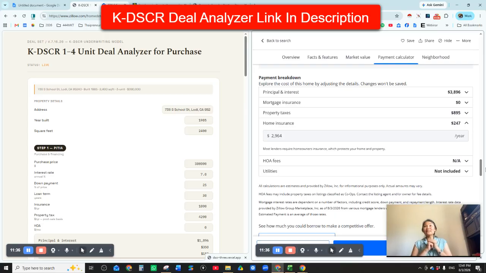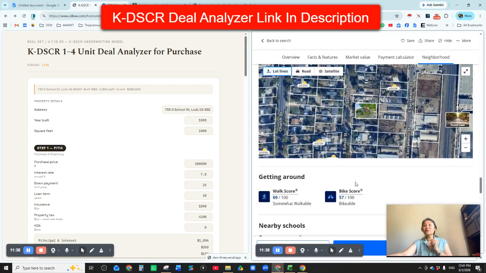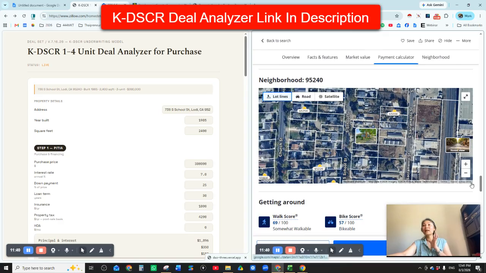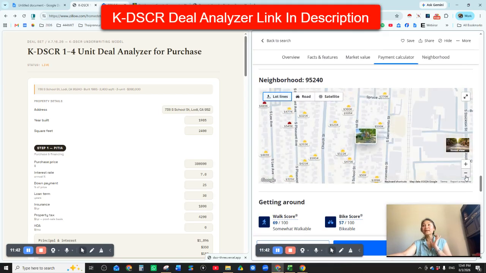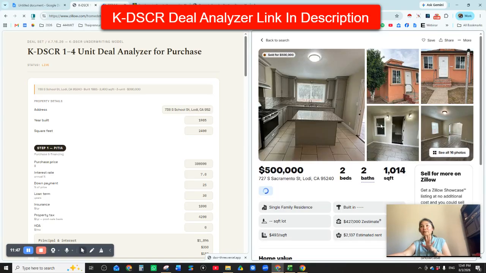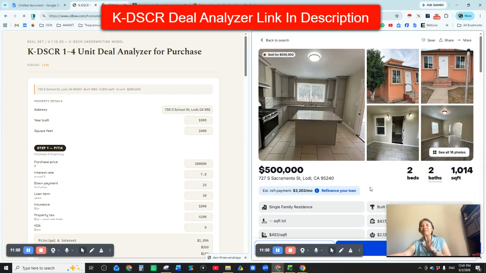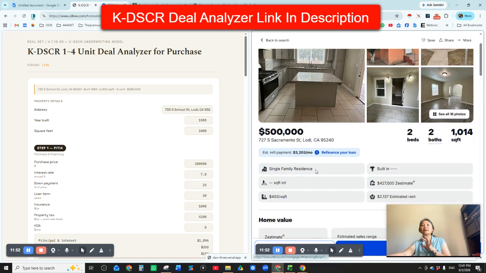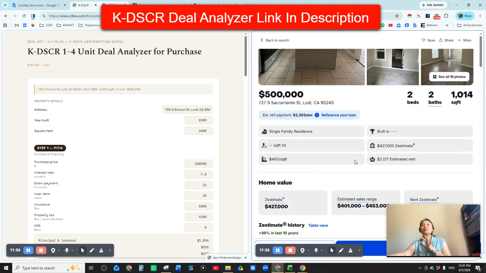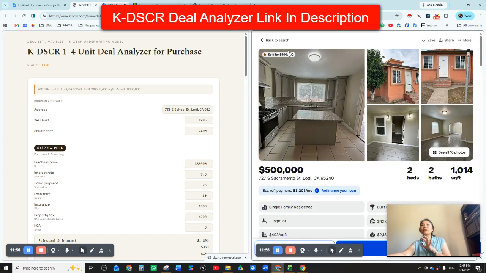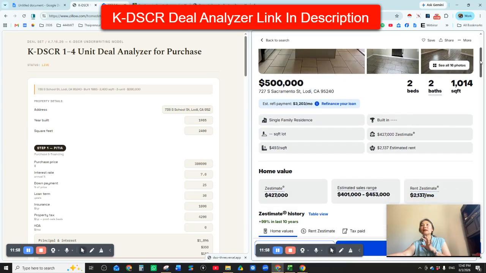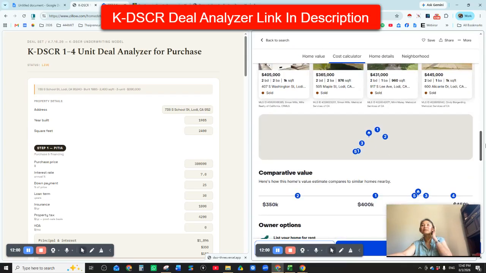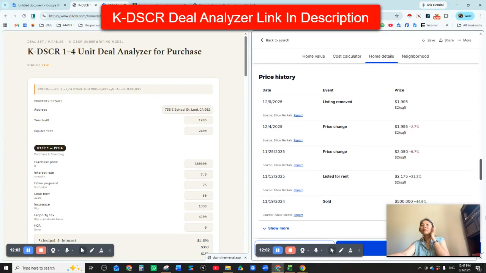All right, that's the information so far. Oh, right here, the last one, I almost forgot. You can see a sold comp. The yellow is sold. You can see it sold at 500,000. It should say the date here, maybe it's recently sold.